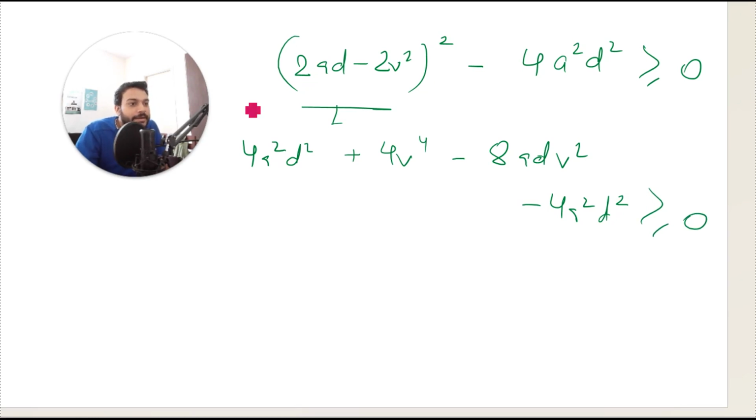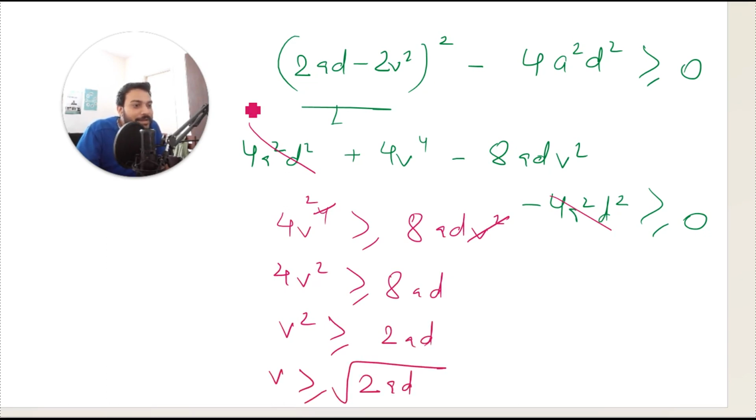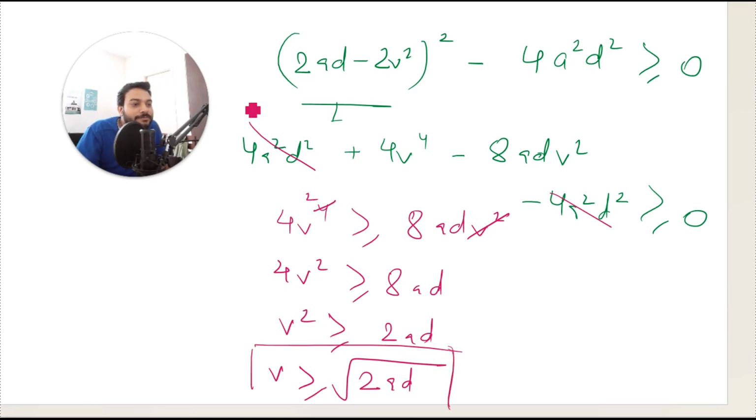Straight away the a squared d squared terms cancel since they're the same. Now 4v raised to power 4 should be greater than or equal to 8adv squared. The v squared terms can be cancelled. So 4v squared greater than or equal to 8ad. v squared greater than or equal to 2ad. v is greater than or equal to the square root of 2ad. That's what we were asked to prove.